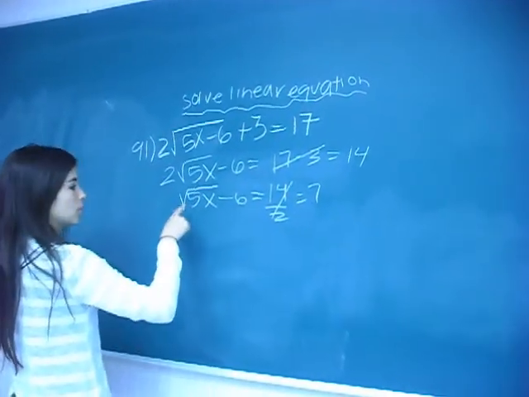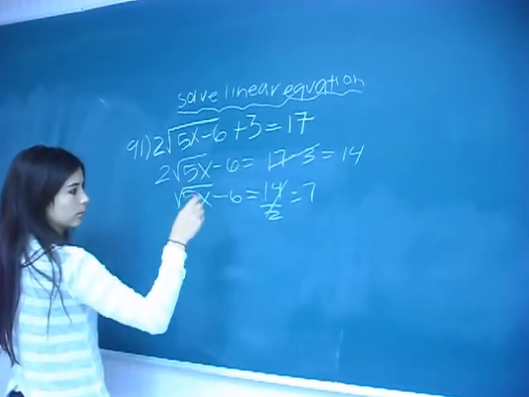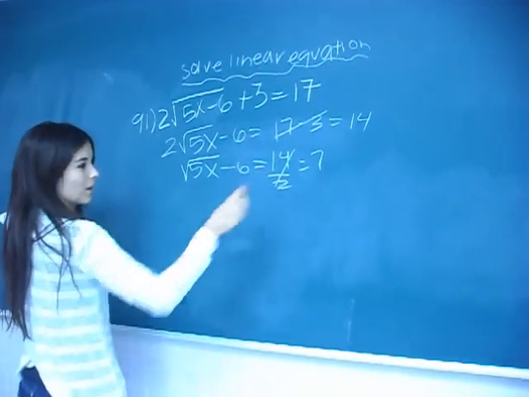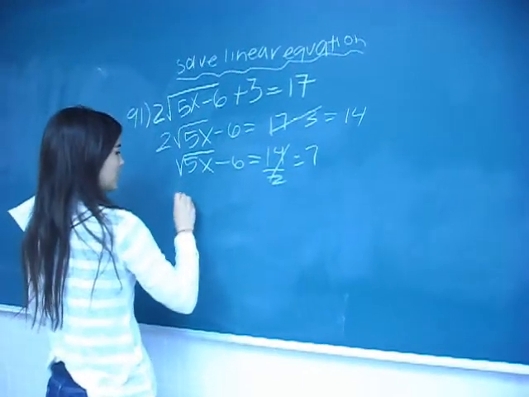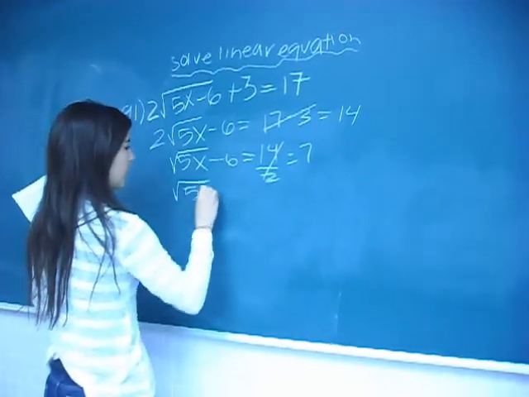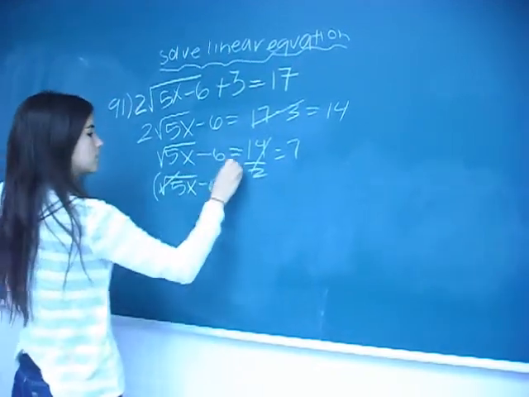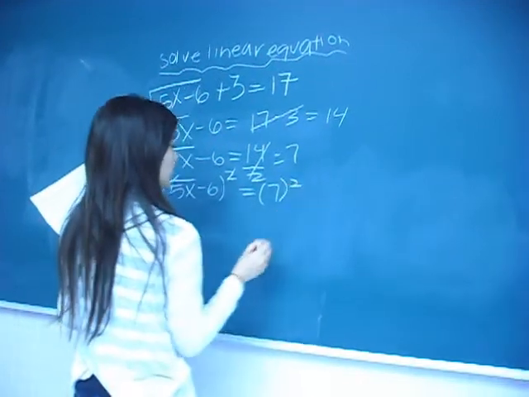After that, to get rid of the square root, you need to square it. And if you do this side squared, you need to do it here too. So you have this 5x minus 6 squared, and you get rid of this, and this equals 7 squared.